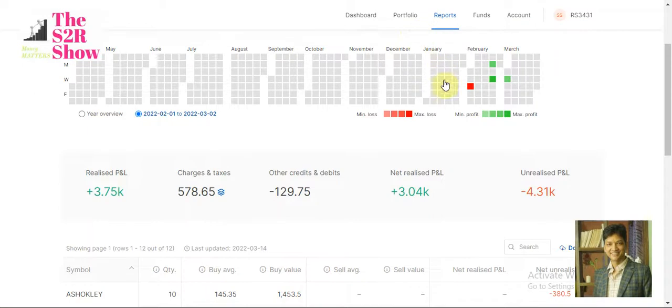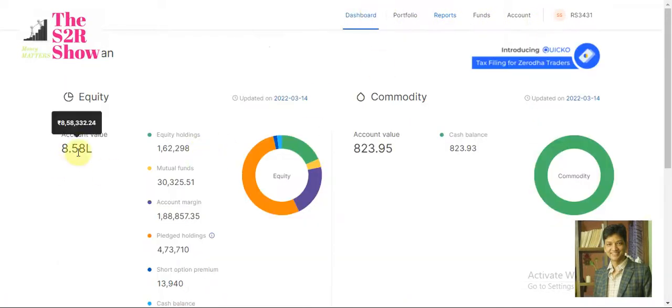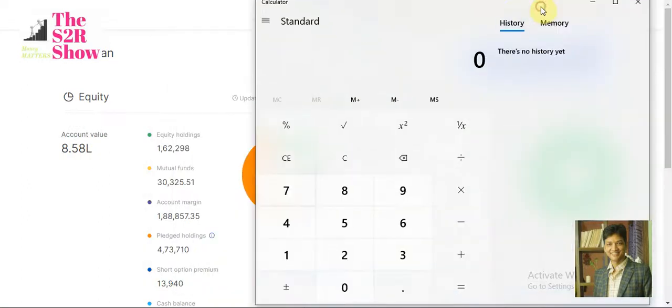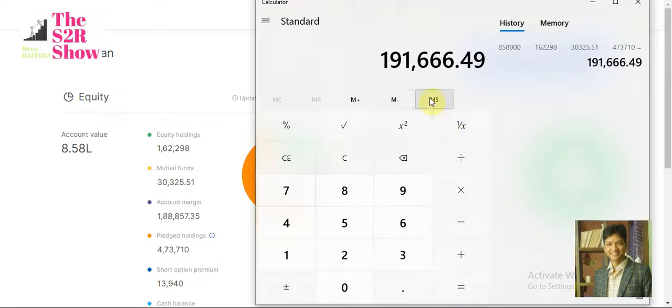And if you have to calculate the return on investment, let's do it. 8,58,000 minus 1,62,298, minus mutual fund 30,325.51, minus 473,710, that gives 1,91,000.